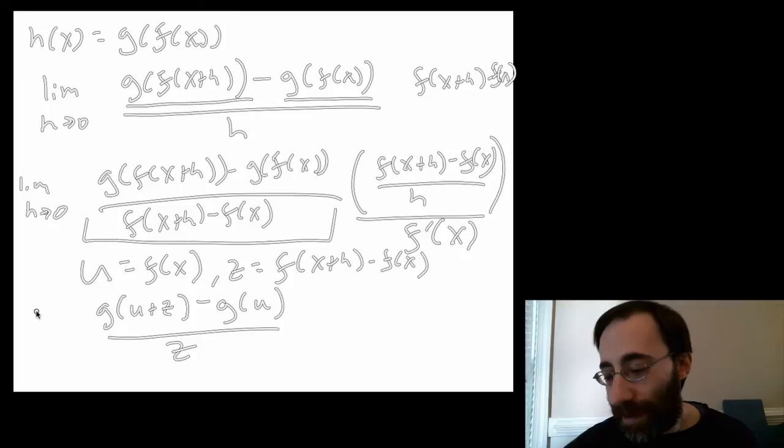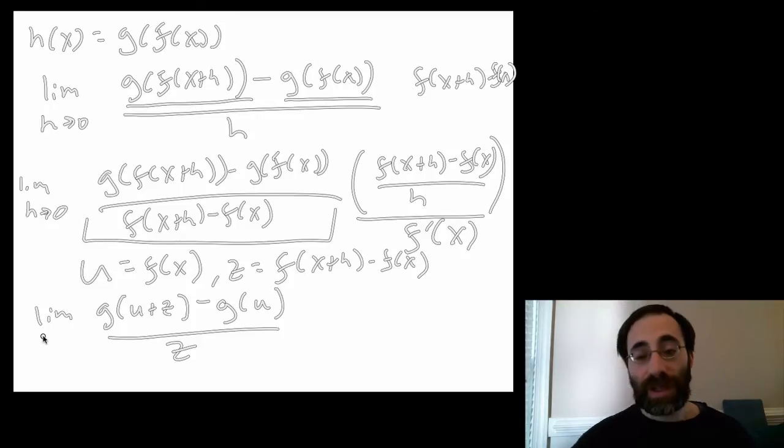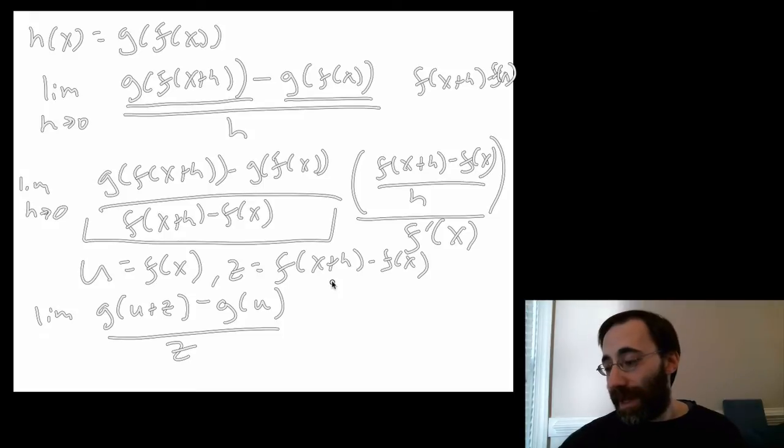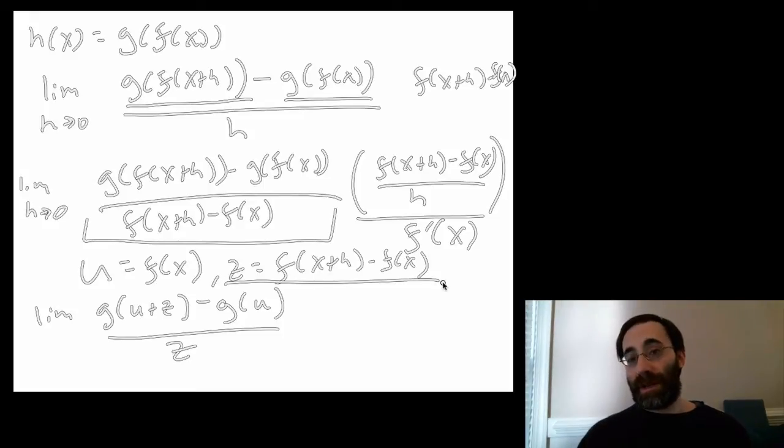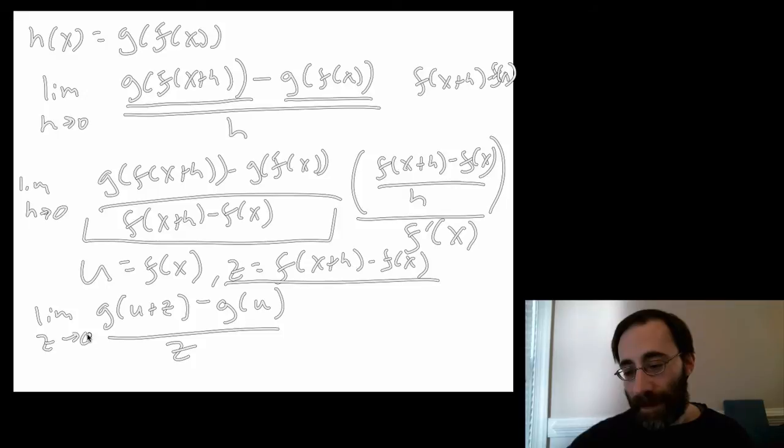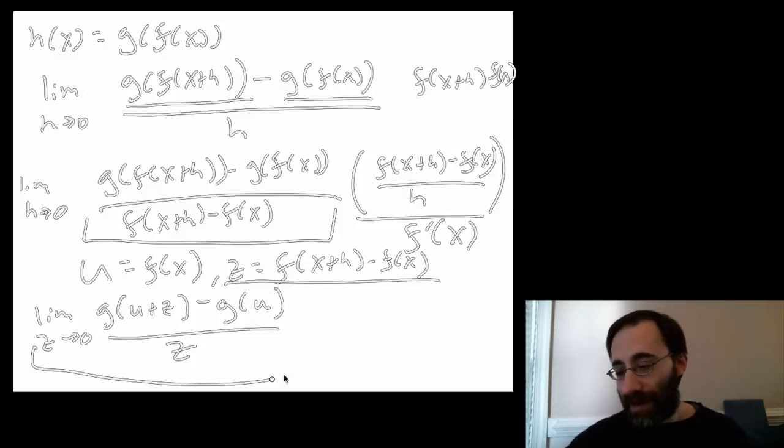Now, if we want to include the limit, we can do so, and we should do so. There's no more h here, though, but notice that as h goes to 0, z also goes to 0. So the limit as h goes to 0 is the exact same thing as the limit as z goes to 0. And now that bracketed term becomes the same thing. What's that bracketed thing?